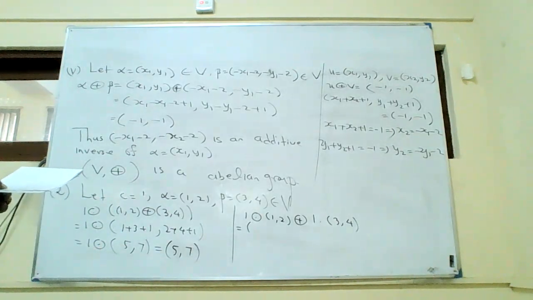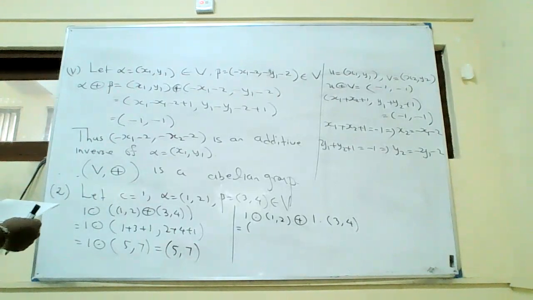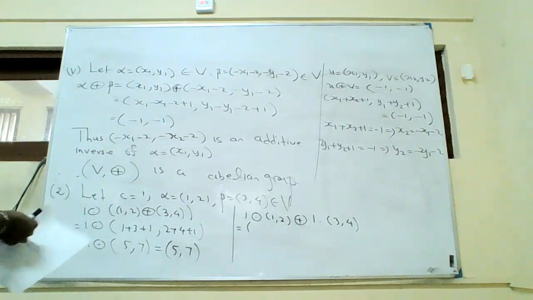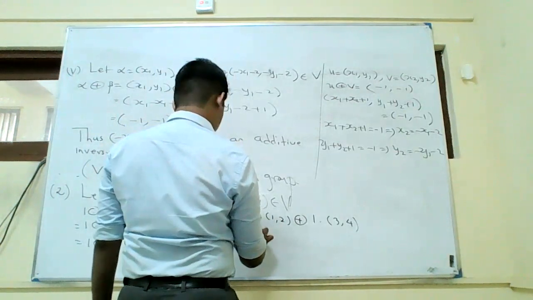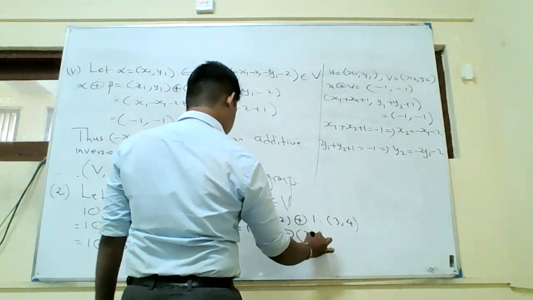So (1, 2) and (3, 4). Here this value is (1, 2), this value is (3, 4).